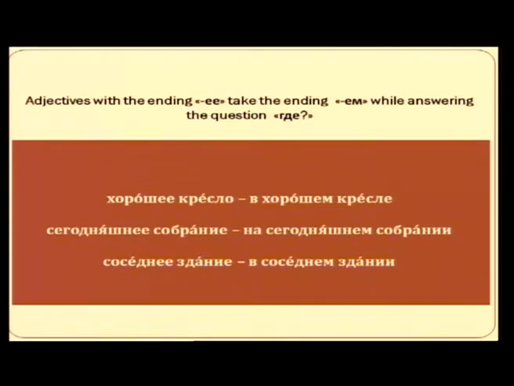Here хорошее changes into хорошем. Any adjective which is ending with ye will always change into yem. For example, хорошее changes into хорошем. Сегодняшнее changes into сегодняшнем and соседнее changes into соседнем.